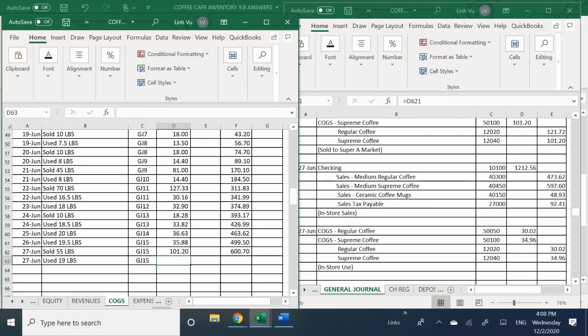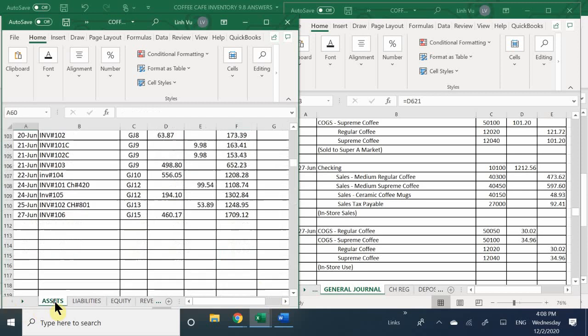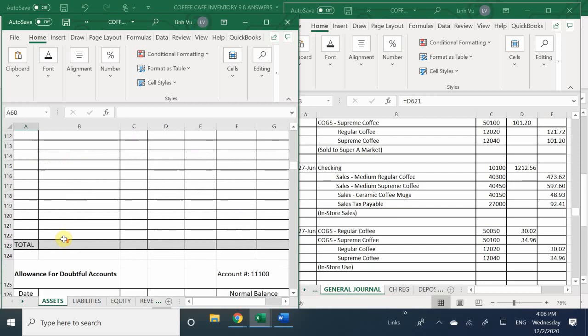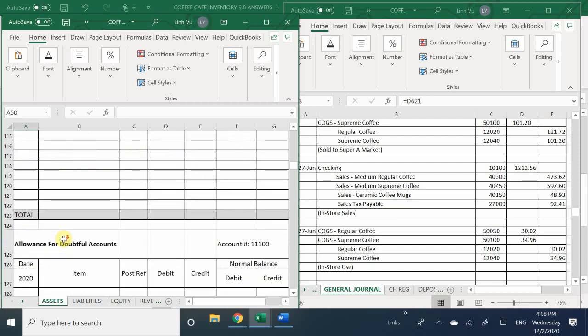And that was for $34.96. Bringing our total to $635.66. Okay. And now we have to update our sales coffee in our assets.